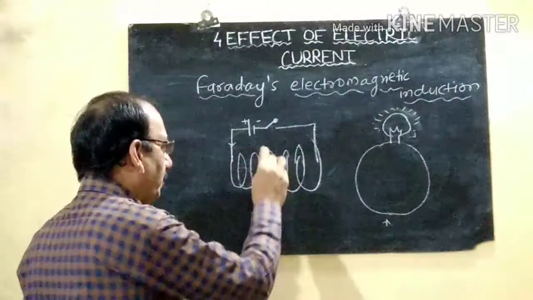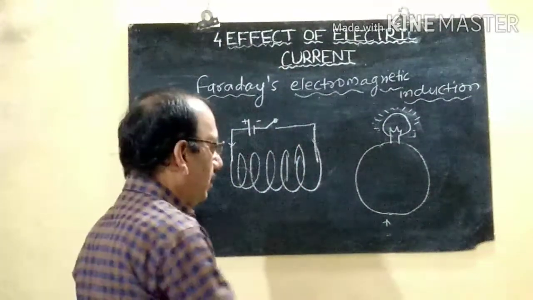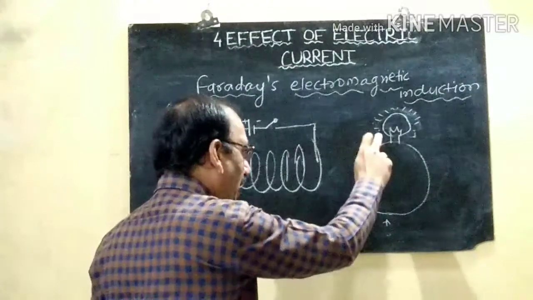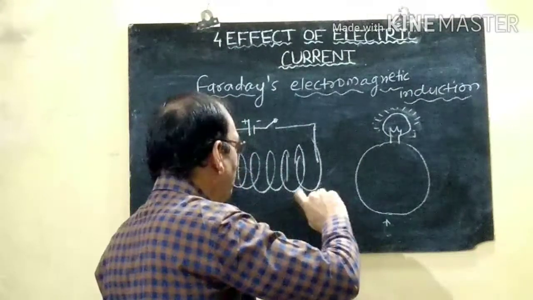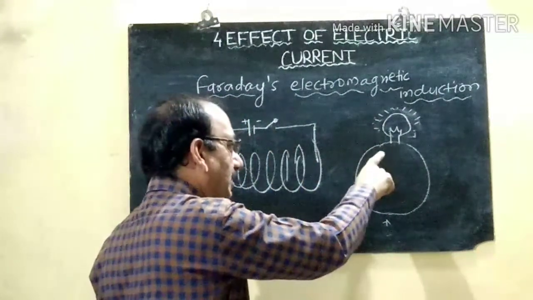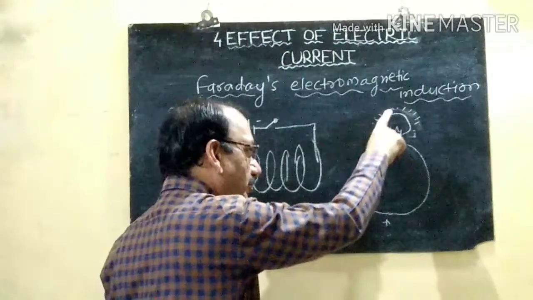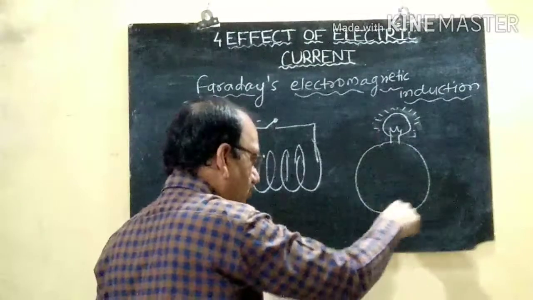Again, when we open this tap key, the flash occurs again in this light. This means that when we close this tap key, the flash occurs in this light, which means current is produced in this coil.